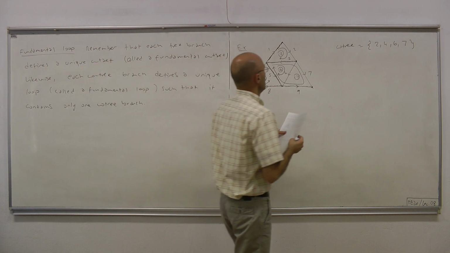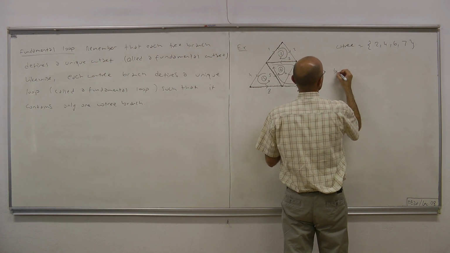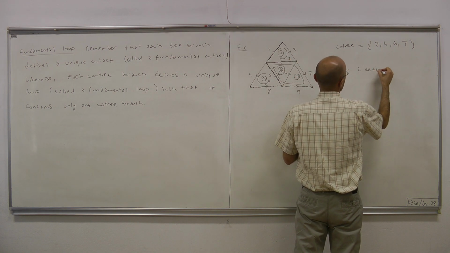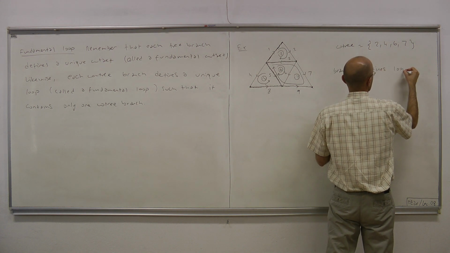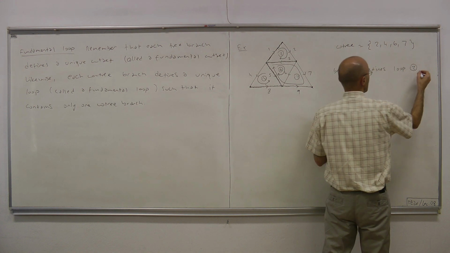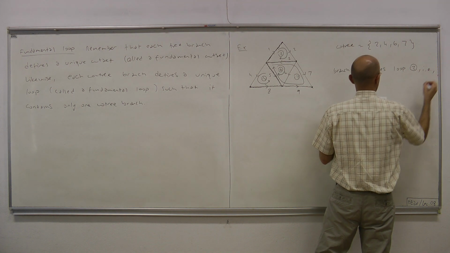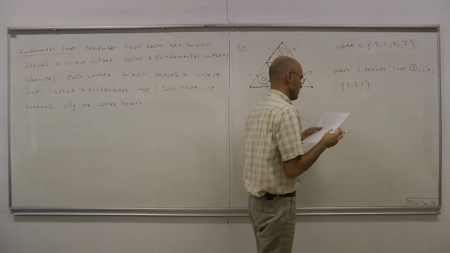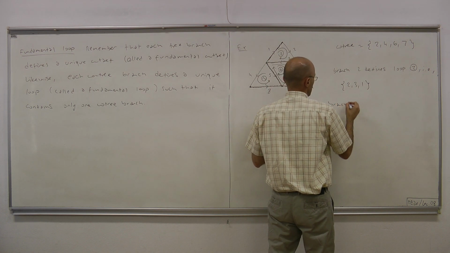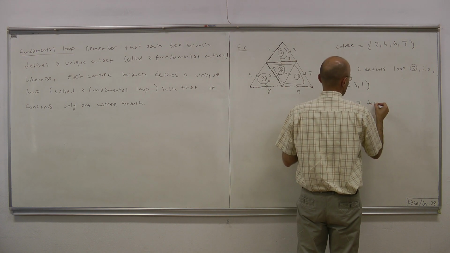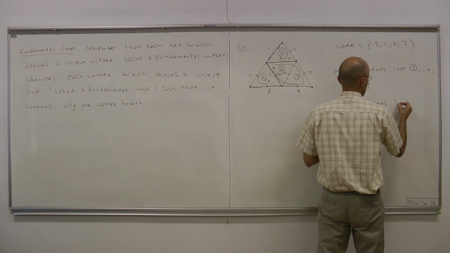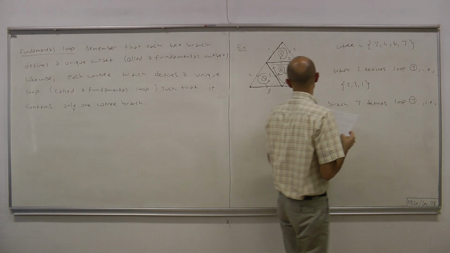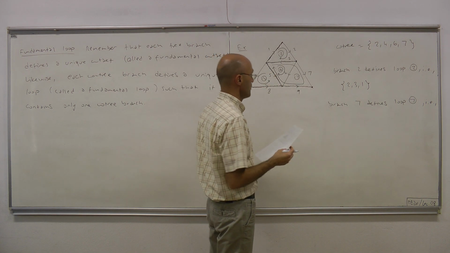So branch 2 defines loop 2, that is 2, 3, 1. And branch 7 defines loop 7, that is 7, 9, 5, and 3.